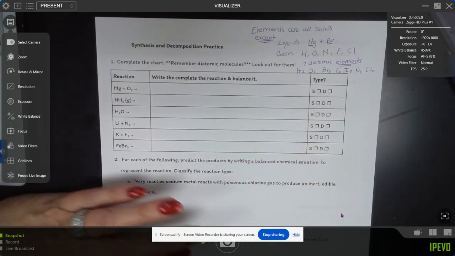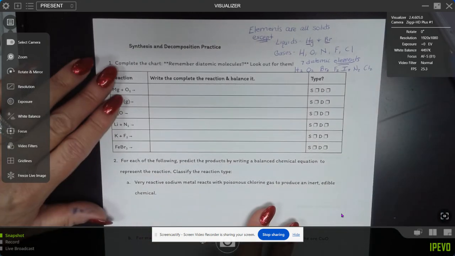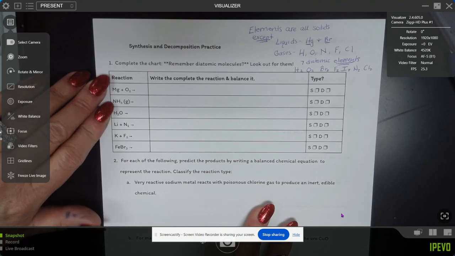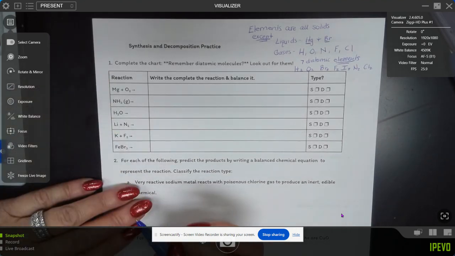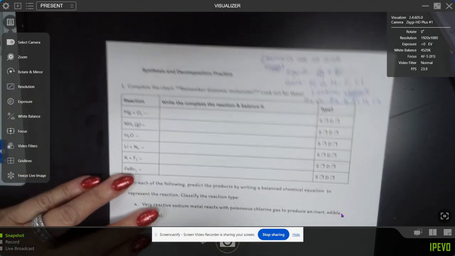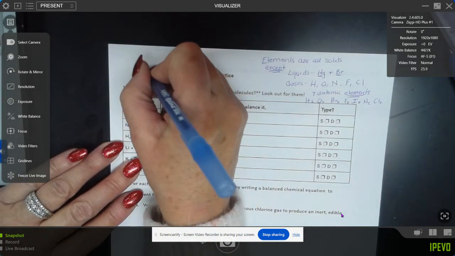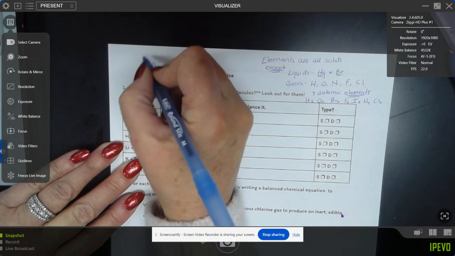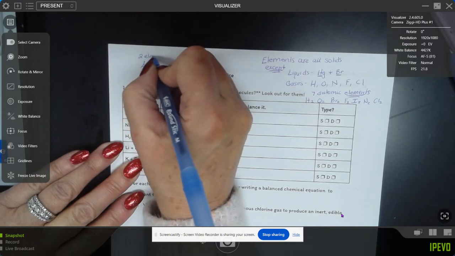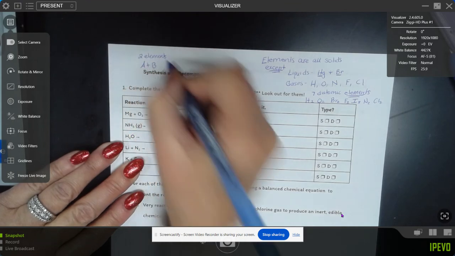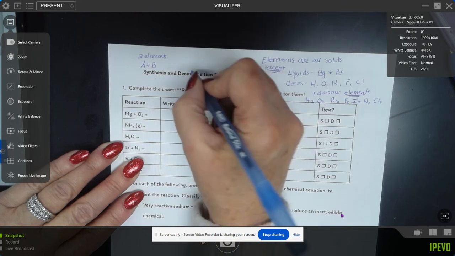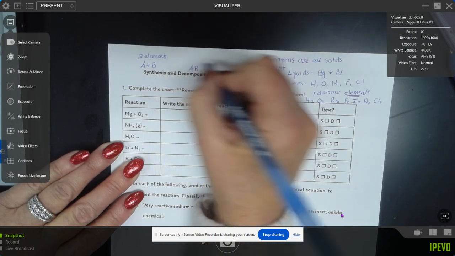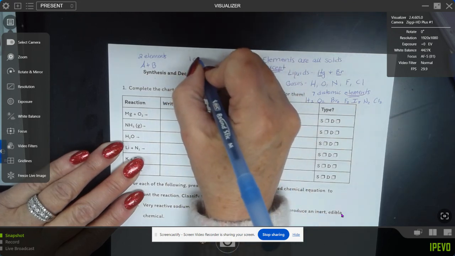Okay, so let's go through these that we went through in class today. All right, synthesis versus decomposition. I'm going to make a little note up here. Synthesis is when we have 2 elements. Decomposition is where we start with 1 compound.